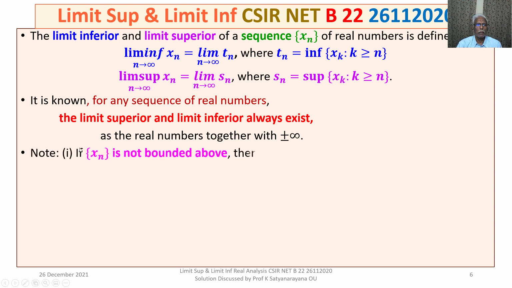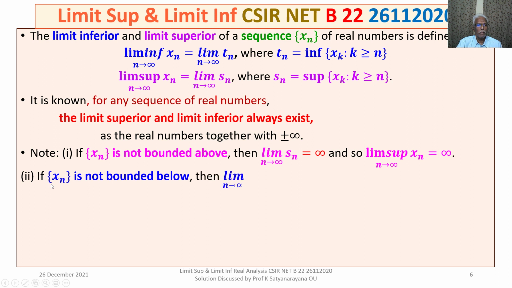Note 1. If the sequence x_n is not bounded above, then limit as n tends to infinity of s_n is infinity, because the sequence s_n is unbounded, and so limit superior of x_n is infinity.